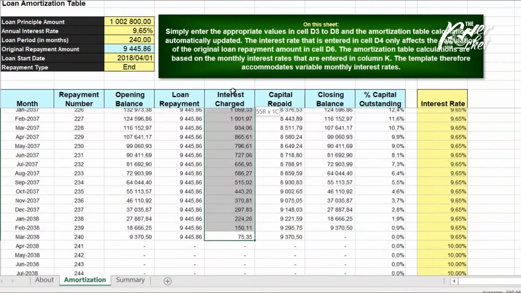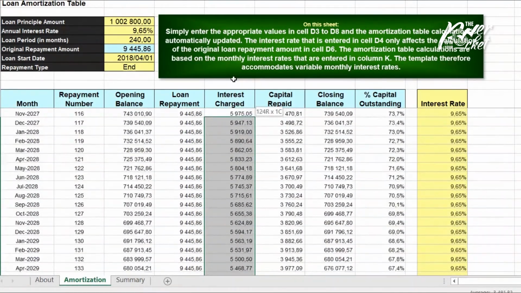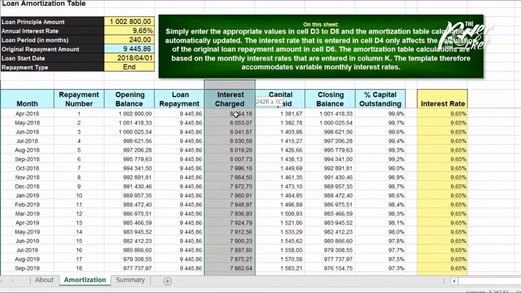But here's the most important thing: the interest charged. So in my home loan quotation, the interest that I would have paid for the 20-year period alone would have been 1.2 million. And my principal amount was about 1 million.